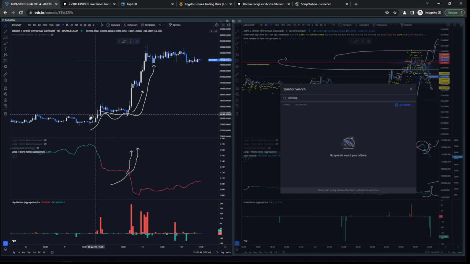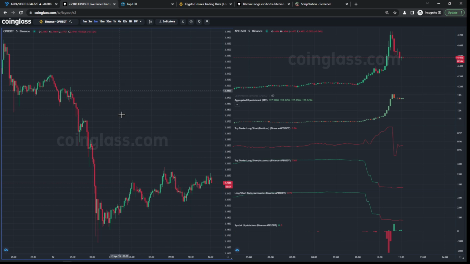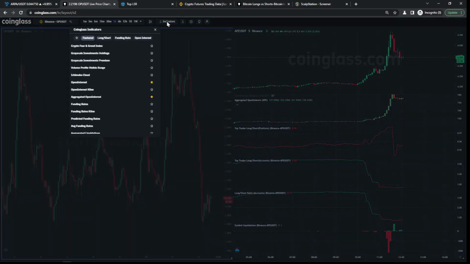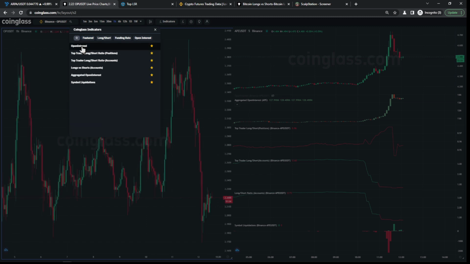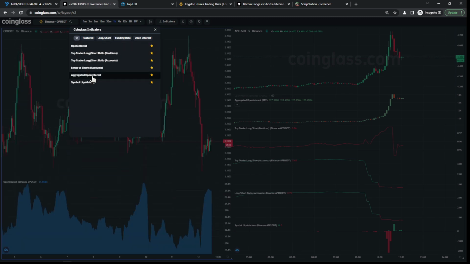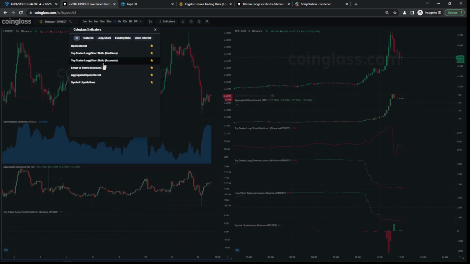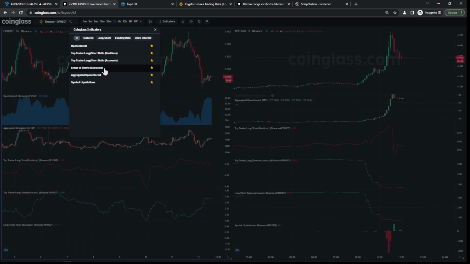So what we do here, they have the same as here. But the problem is this is a 7 day trial and this is free, but it doesn't save your layout. Anyway, you go in indicators. You put 1 hour here. You go in indicators and I'm gonna put open interest aggregate, position, accounts, ratio between long and short.